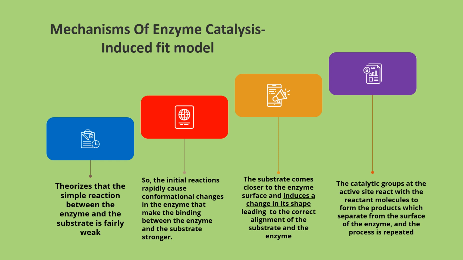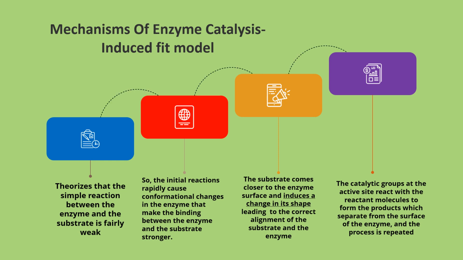So, the initial reactions can rapidly cause conformational changes in the enzyme that make the binding between the enzyme and the substrate stronger. The substrate comes closer to the enzyme surface and induces a change in its shape, leading to the correct alignment of the substrate and the enzyme. The catalytic groups at the active site react with the reactant molecules to form the products which separate from the surface of the enzyme, and then the process is repeated.